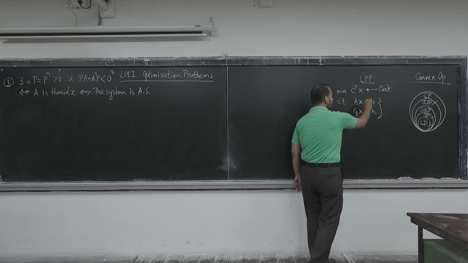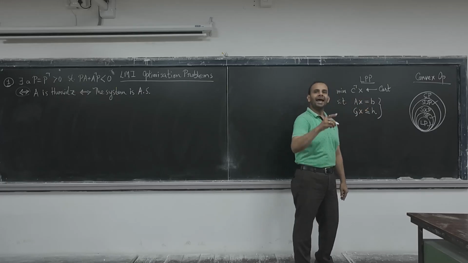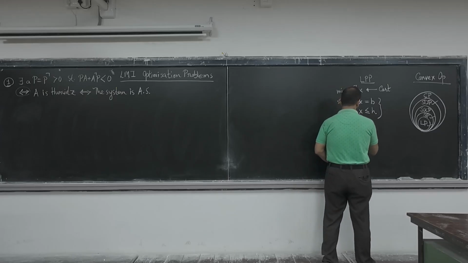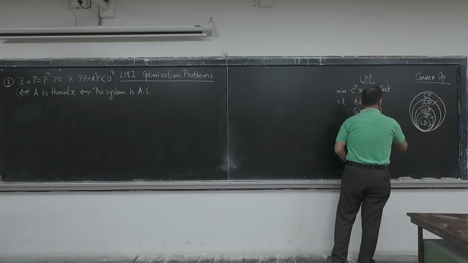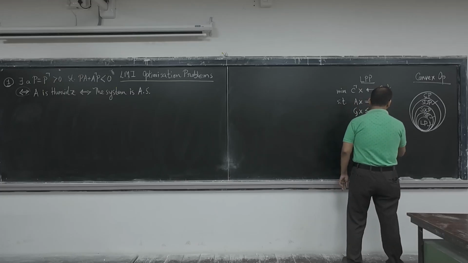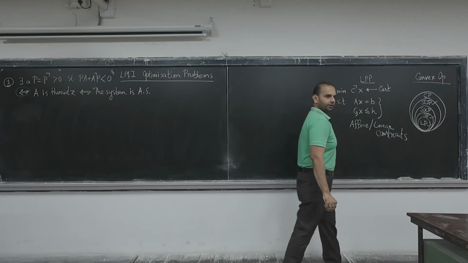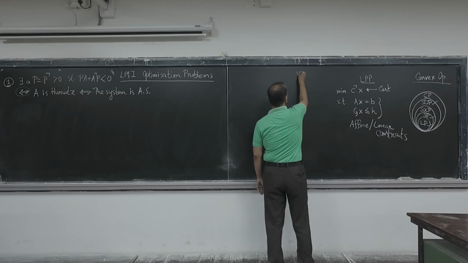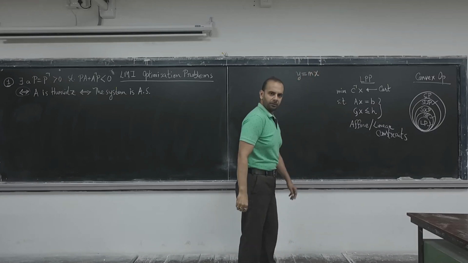This kind of constraint, whether it is equality or inequality, they are all called affine constraints, affine or linear. Why does this name come? Because you know linear means the equation type of y equals to mx, right?